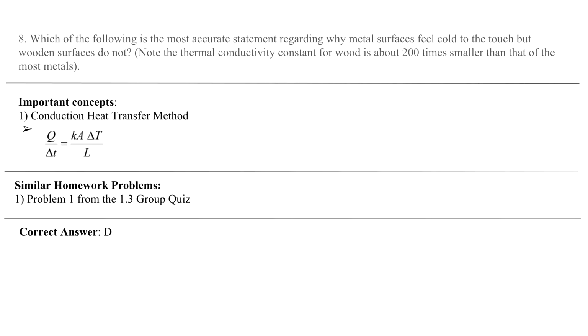Q over delta T is equal to Ka delta T all over L. So this basically shows that if you set up a proportion between the thermal conductivity constant and delta T, you find that as you increase the thermal conductivity constant, you will decrease the temperature in general, which is what is happening to the person's hand. The metal is absorbing more of the kinetic energy, which in turn makes the metal feel more cold.